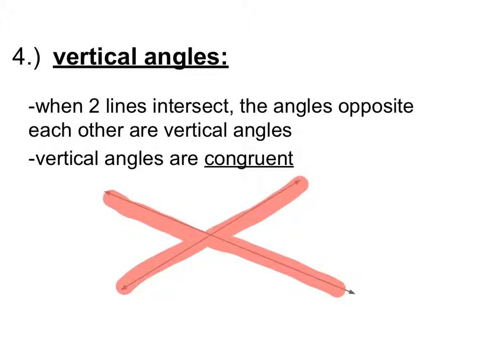Let's say their angle measurement is 70 degrees. So 70 degrees for this one. This is also going to be 70 degrees. And then we have a second set of vertical angles, and that's the pair here, the upper one and the lower one.